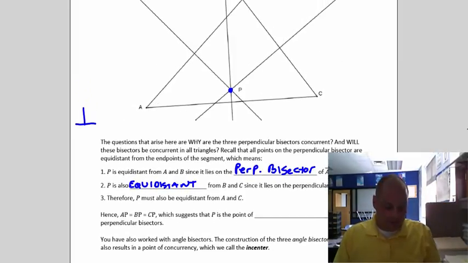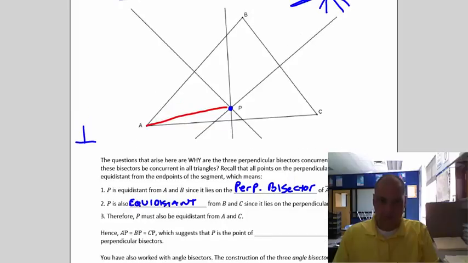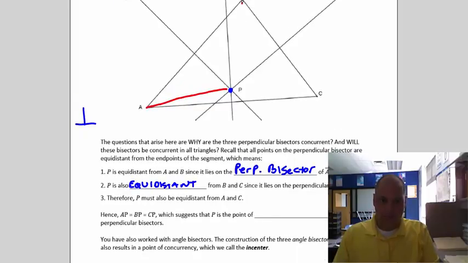So AP, I'm going to just draw those out. AP is equal to BP, which is equal to CP. See that? This is equal to this, which is equal to this.